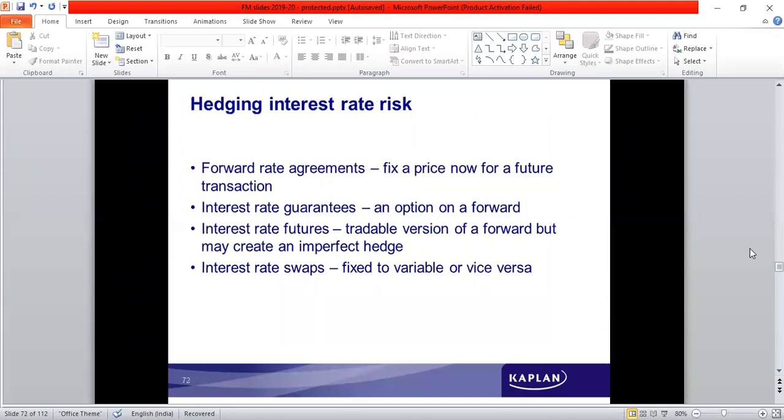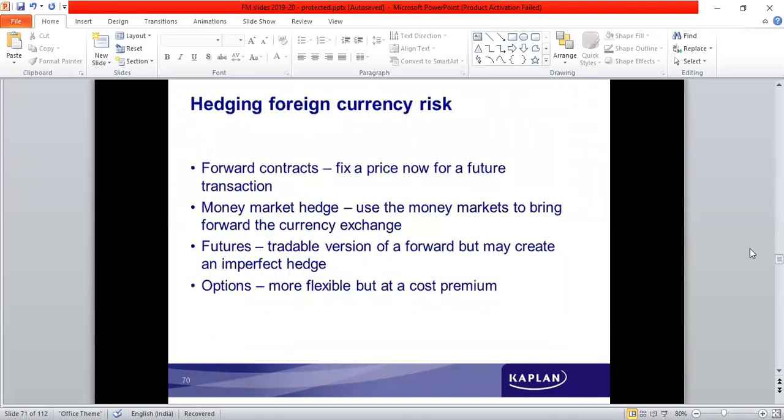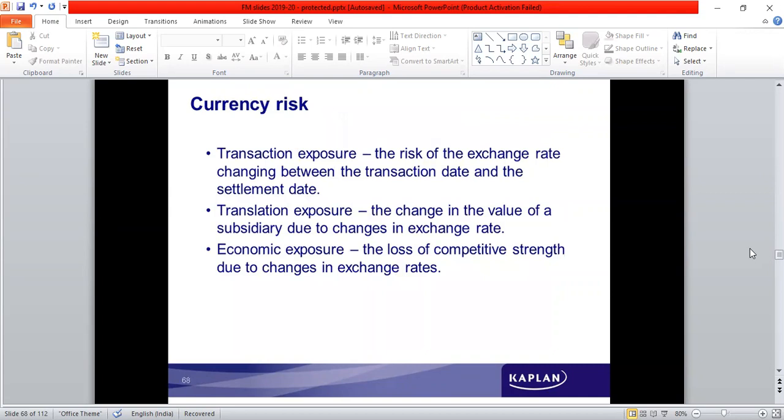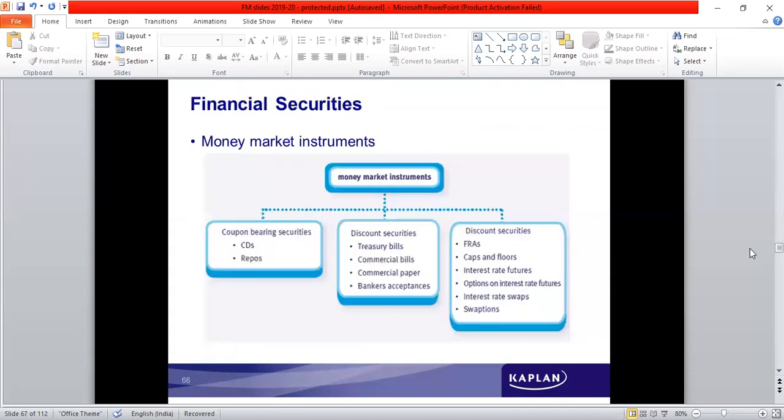We have done sources of finance, and from there, how do we manage the risks present? We have two types of risks, foreign currency risk and interest rate risk, and how to hedge or manage them is what we are going to do.